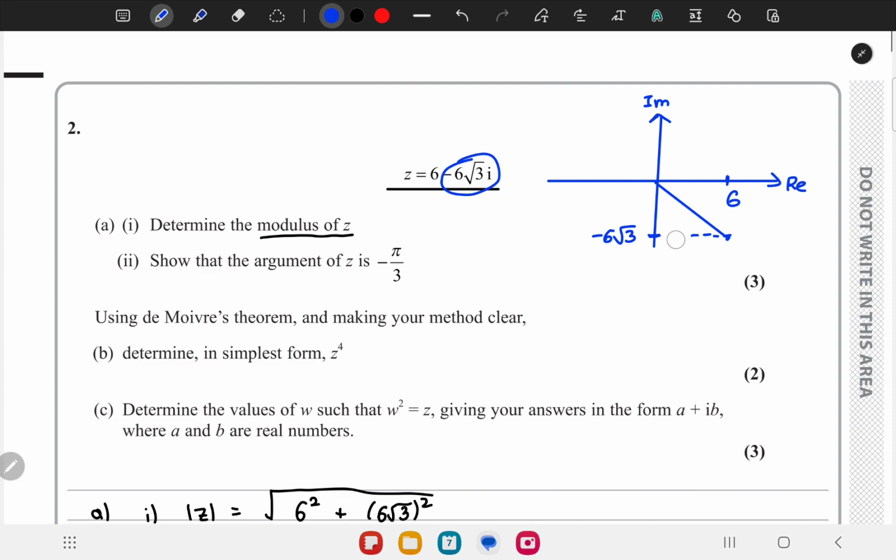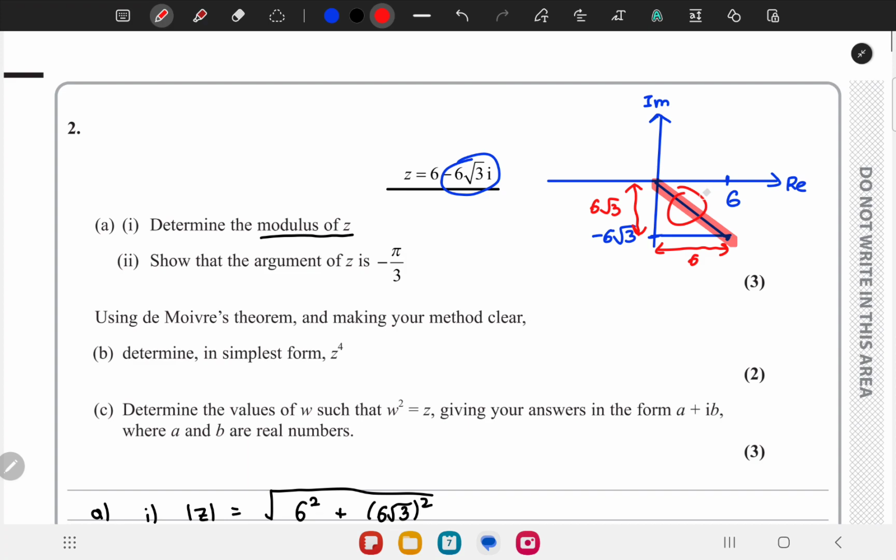So the modulus wants the magnitude of this line over here. This value over here is 6 root 3, this value over here is 6.